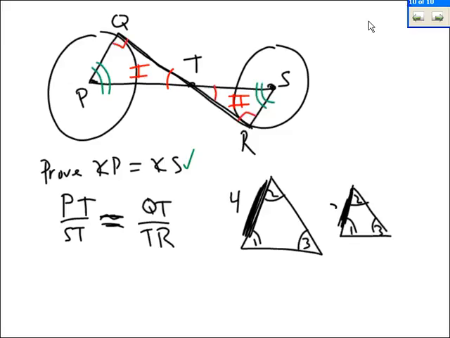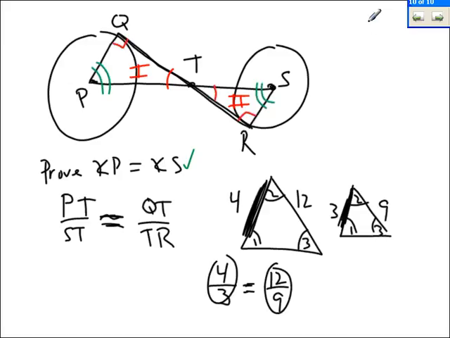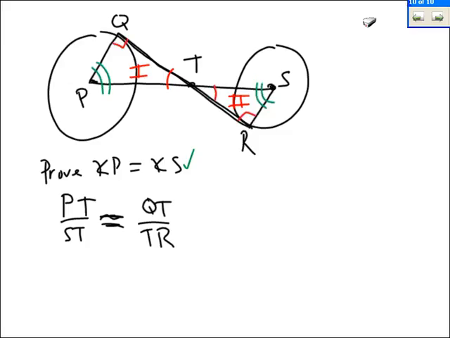If this is 4 and this is 3, the sides are in the ratio of 4 to 3, which means if this is 12, then this is 9, because it has to be the same ratio. 12 over 9 reduces to 4/3. They're proportional. So you divide two corresponding sides, one from the large divided by one from the small, and you take another pair, one from the large, one from the small. These two ratios should be the same.